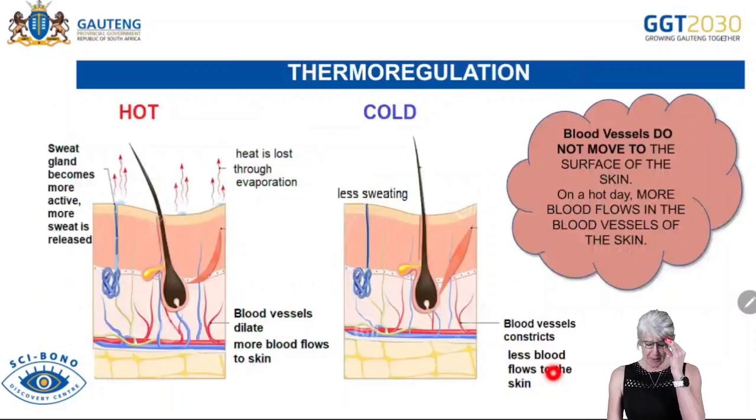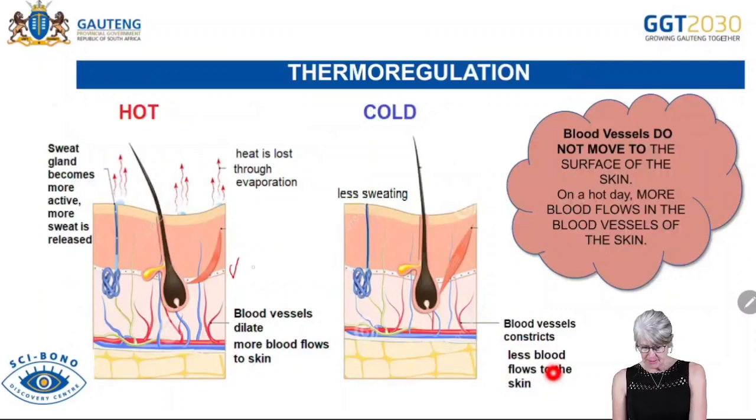All right, then thermoregulation. Remember, that is a function of the skin. In hot conditions, the blood vessels just below the surface of the skin are going to dilate, and we call that vasodilation.